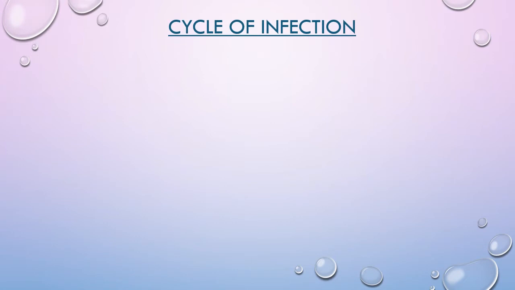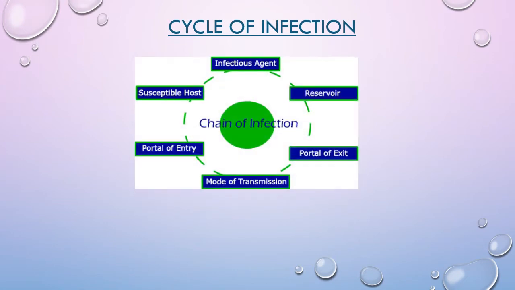Cycle of infection. An infectious agent can be a person, place, or an animal. Take a look at this graph and notice the chain of infection.